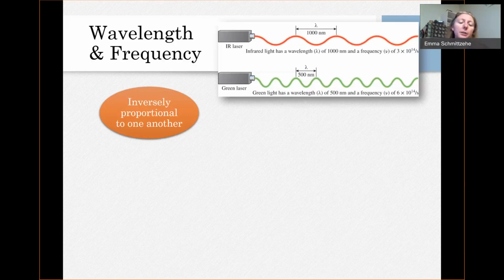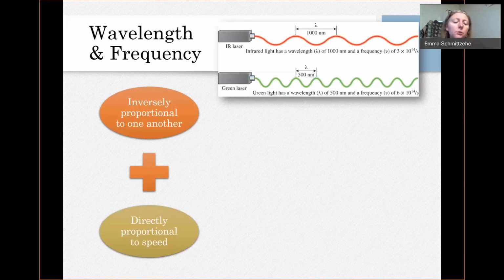But the other characteristic of waves that's important for us to understand how it relates to wavelength and frequency is the speed, okay? So how fast that wave is traveling is going to be directly proportional to the wavelength and frequency, okay? So the higher the speed, the faster it's moving, the higher your wavelength and frequency are going to be, okay?